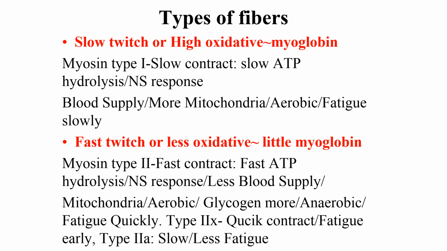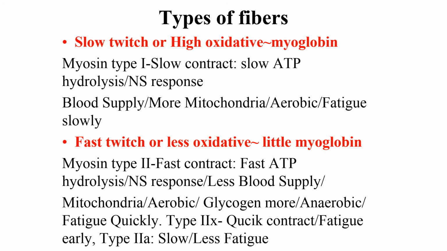Muscle cells are of two types. They are slow twitch, which are highly oxidative, or fast twitch, which are less oxidative. We know the muscle cells have a counterpart of hemoglobin that is called myoglobin.